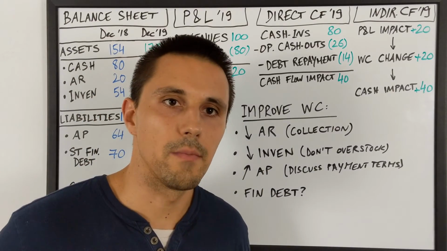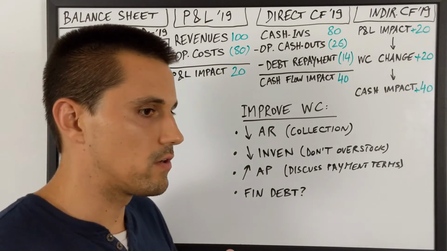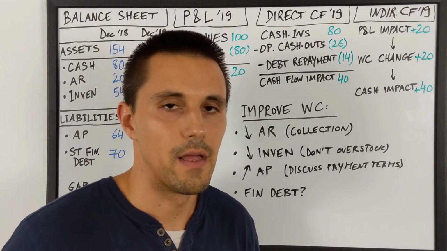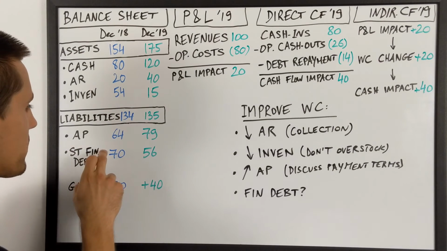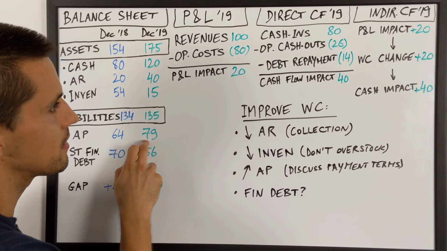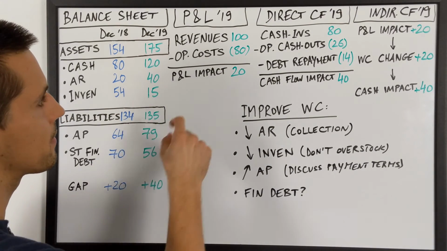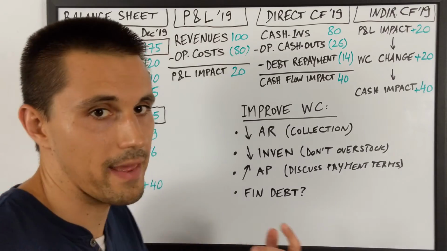Next, accounts payables. So your supplier debt. This one should be as high as possible, because look at our example here. Our accounts payables went up by 15, and it had a great cash impact because we are paying our suppliers later.